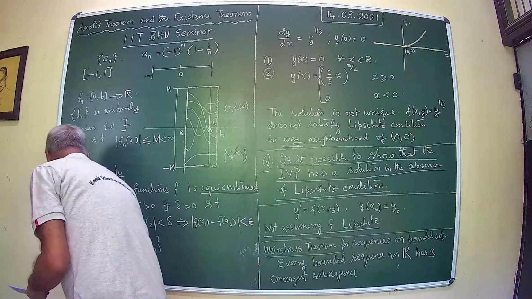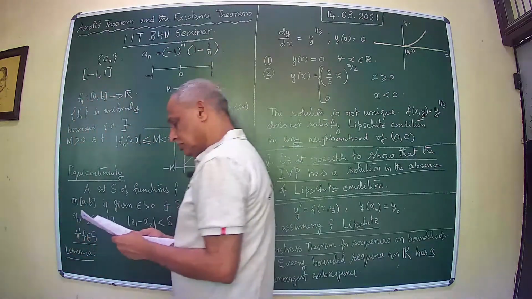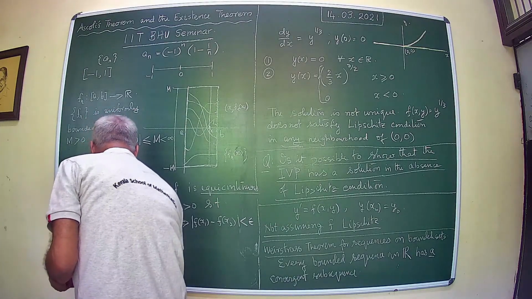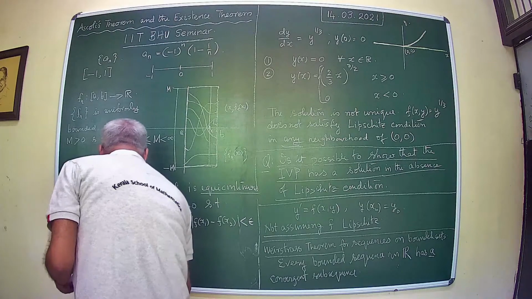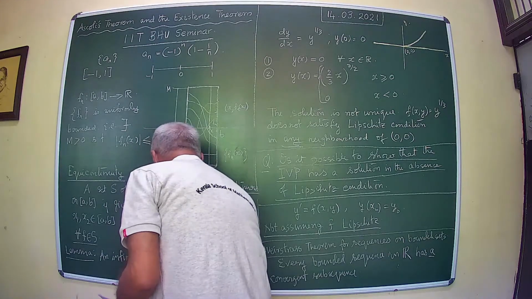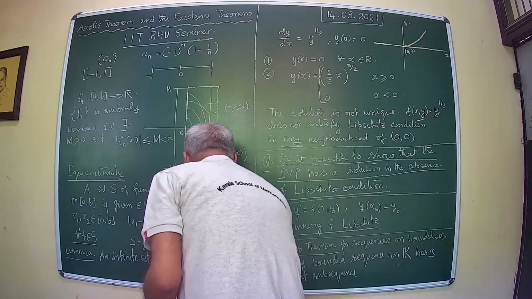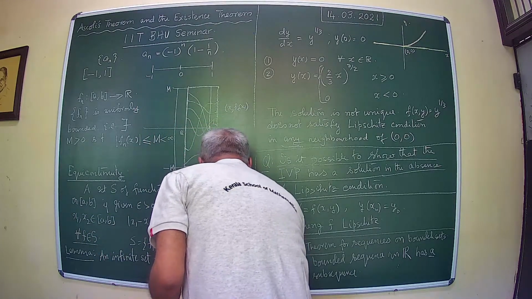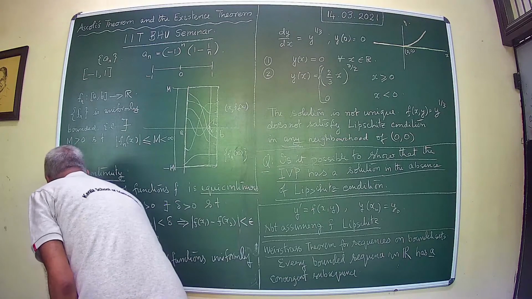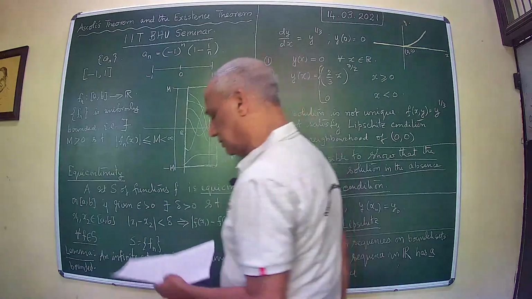I write it as a lemma because I use it in the theorem. That's all. An infinite set S of functions, uniformly bounded. That means the graph should be packed in some kind of a rectangle here.